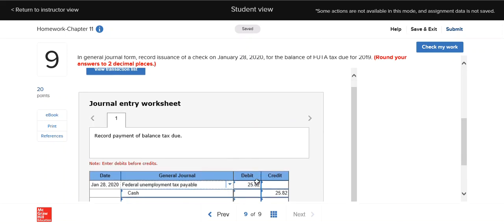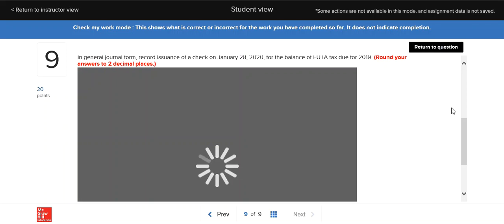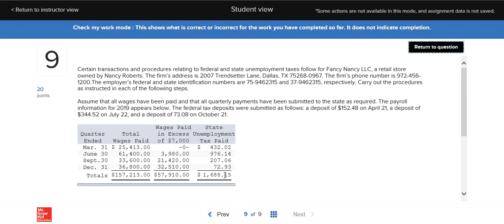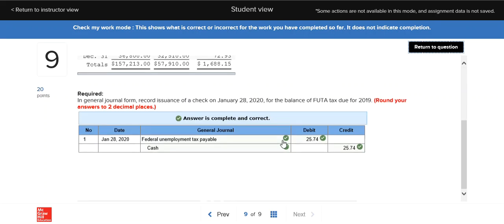I just probably typed in something wrong. Let's try that one. Yay! All right, so take your total federal employment, subtract that deposit, and that's what you owe, and that's what you're going to put down here as your final payment. You'd pay that out.